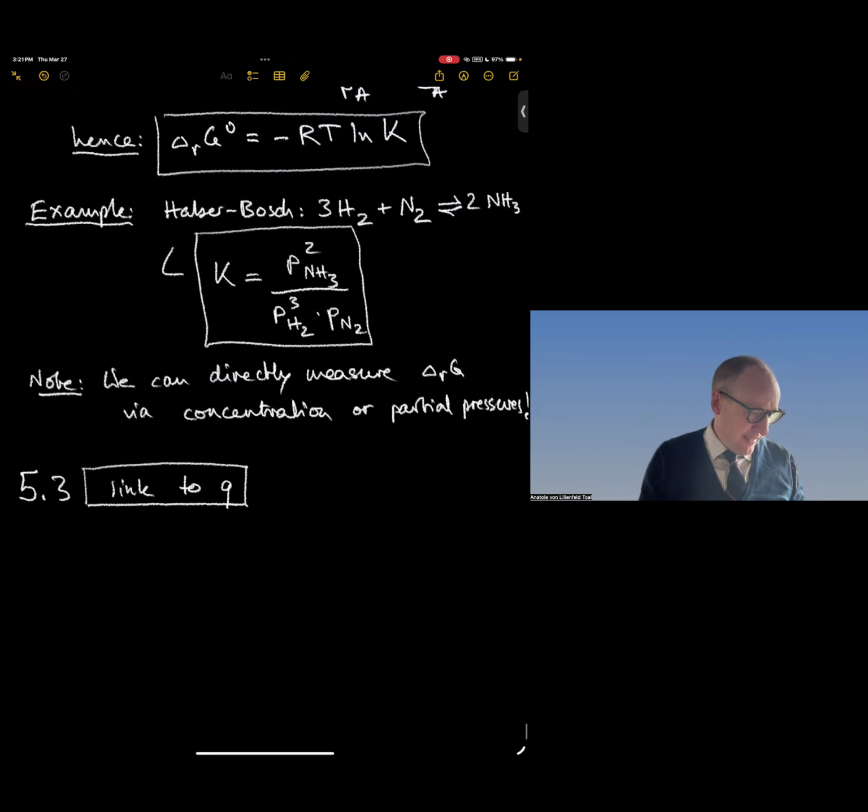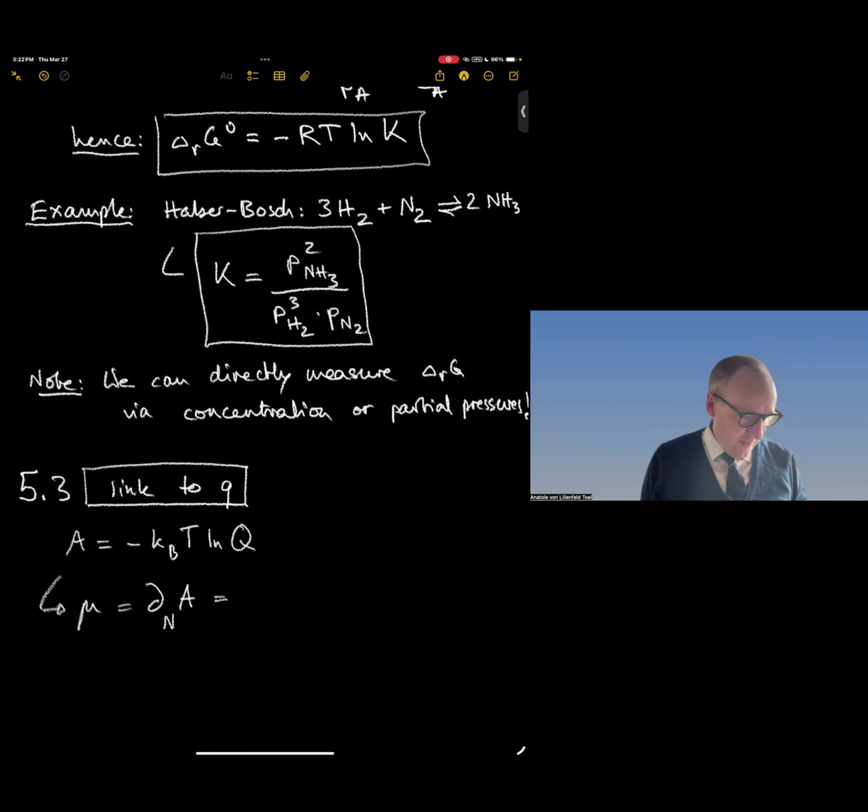So let's now discuss this link to the partition function. We had the Helmholtz free energy written as minus k_B T logarithm Q. Okay. This was in the beginning of this chapter. And from that, we had seen that our mu is the derivative with respect to particle number.